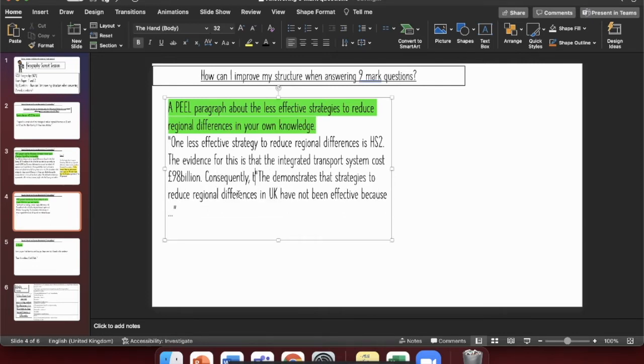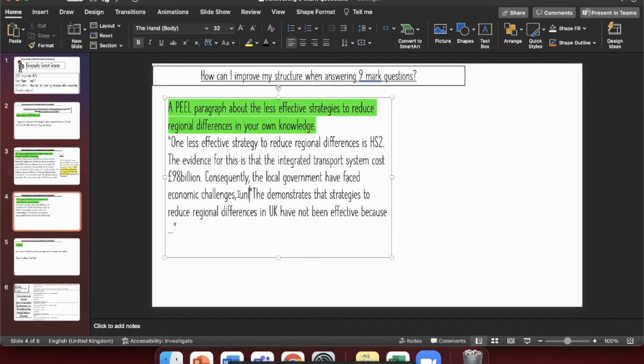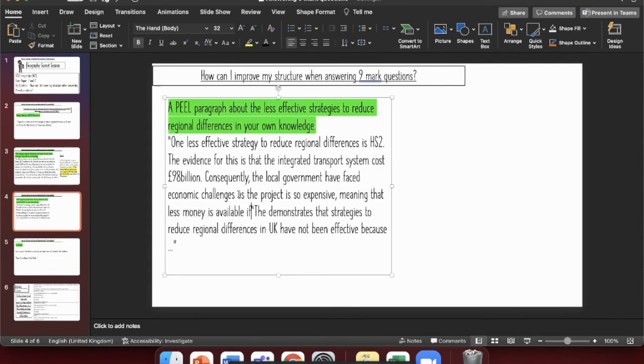The local government have faced economic challenges as the project is so expensive, reducing, meaning that less money is available for public services.